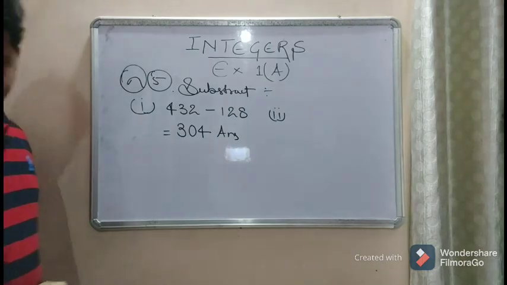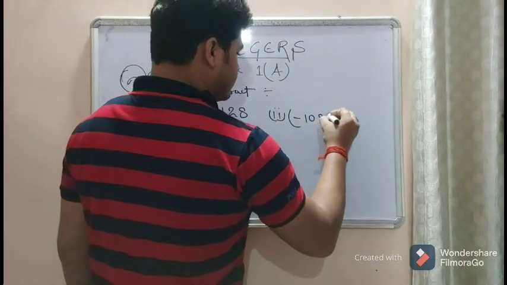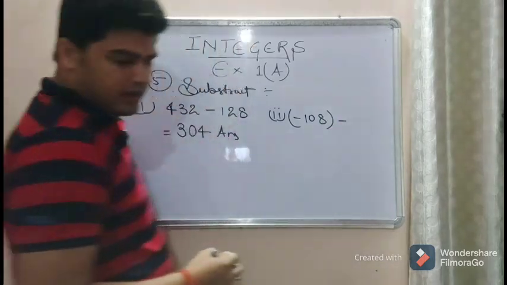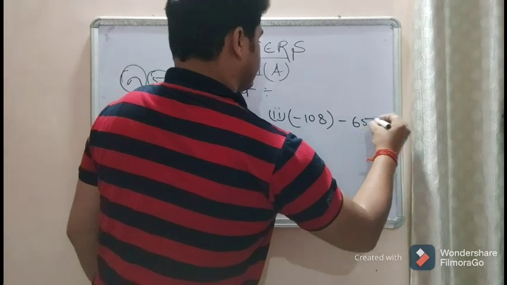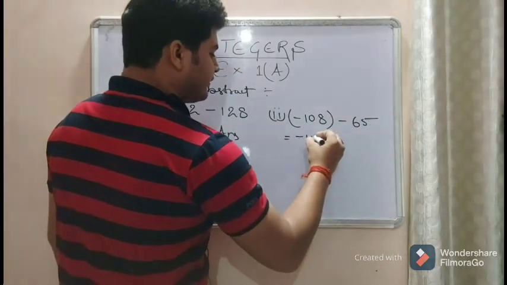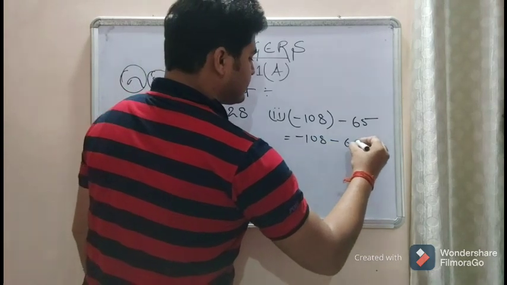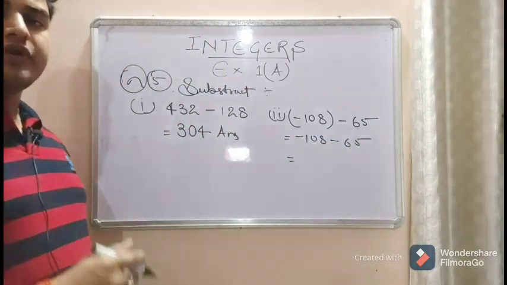But if you look at the second problem, here the first number is minus 108 and the other number is minus 65. So minus 108 minus 65. Now when both the numbers are in negative, what do we do?